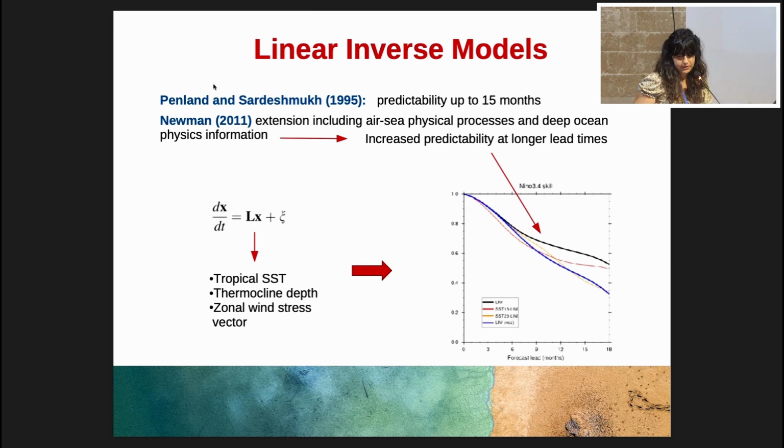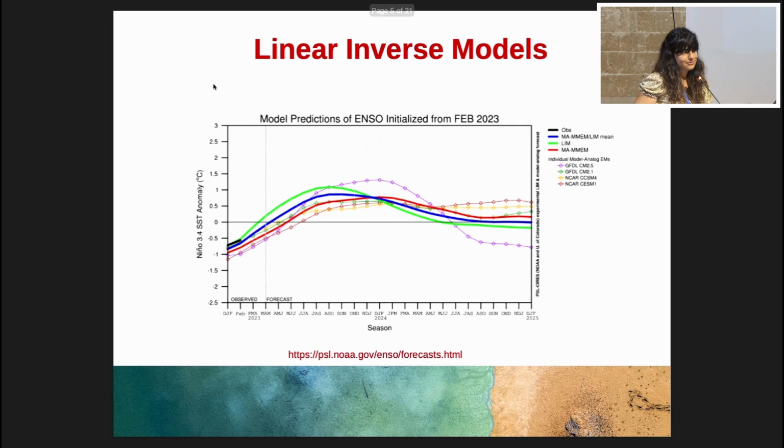The key point here is that they have thoroughly investigated and optimized them, and they are operationally used nowadays for ENSO forecasts, together with the global climate model forecasts. So they have similar skill with much lower resources, and they are a very good benchmark for data-driven ENSO forecasting systems.